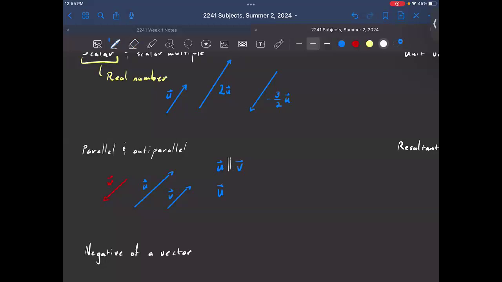We'll say u and v are parallel, and we'll have 2 arrows pointing up, and u and w are anti-parallel. Will be 2 arrows, but pointing in opposite directions. That's much better. So u and w are anti-parallel there. Parallel, anti-parallel.